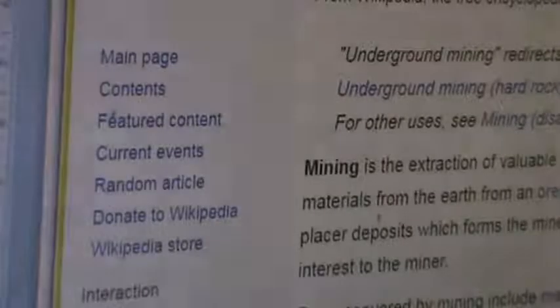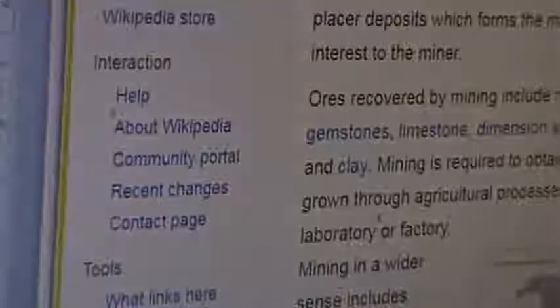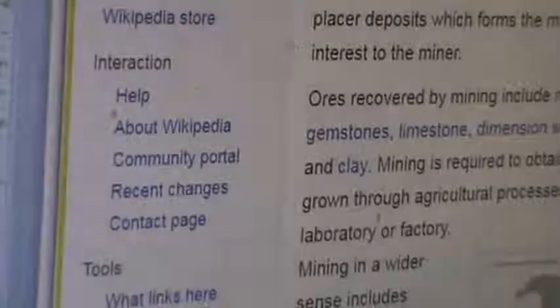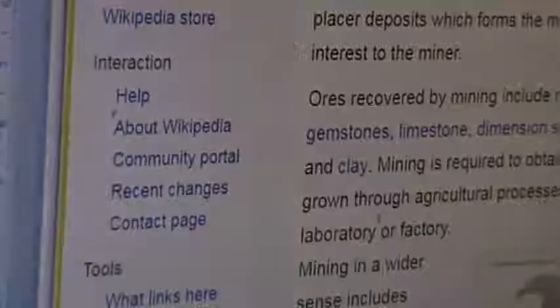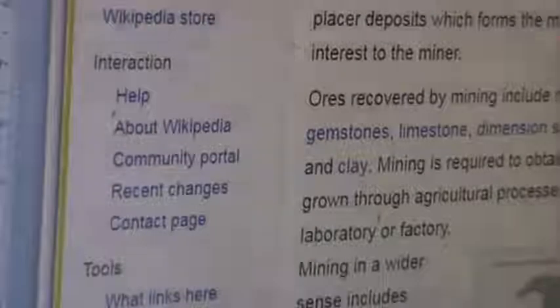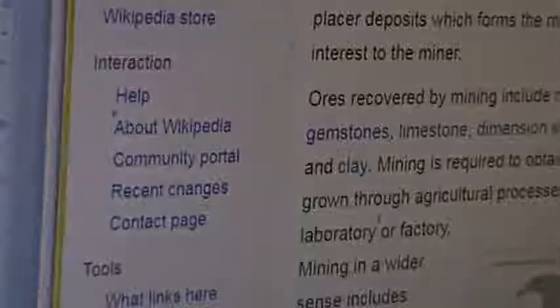Things you extract from a mine. Oh yeah. So mineral is Holy Ghost, and minerals is Father. There's the ERA in there.